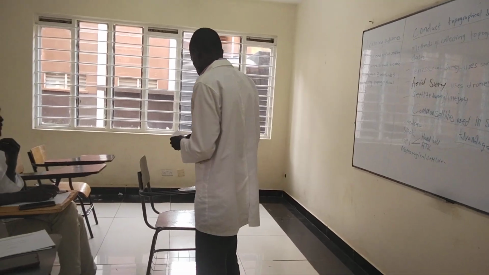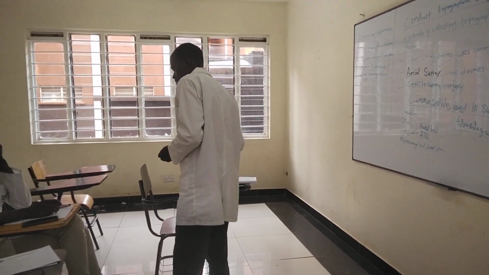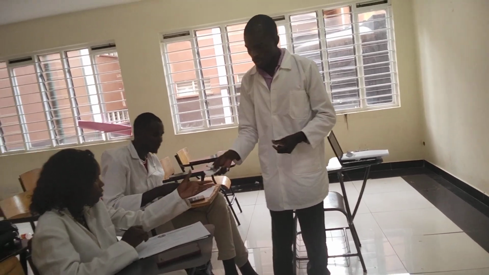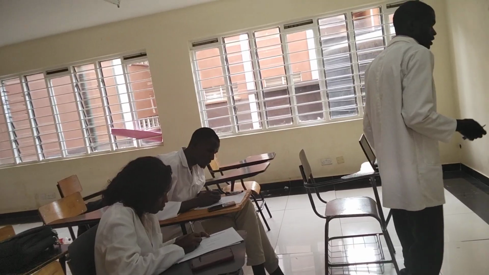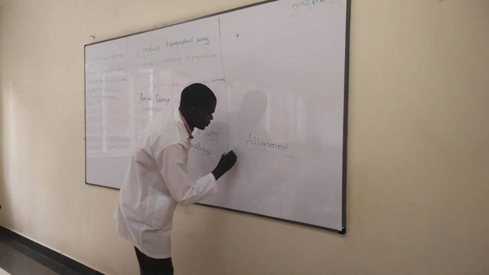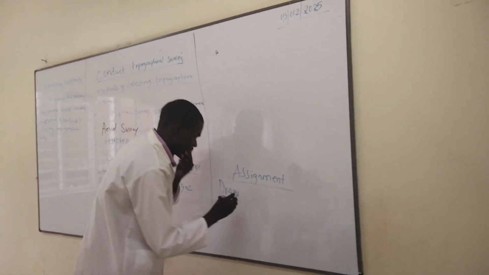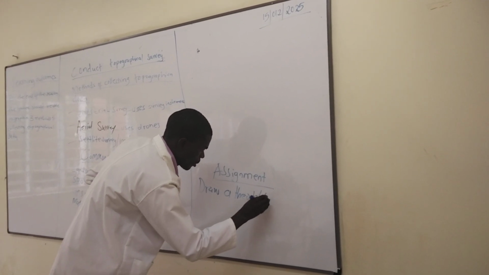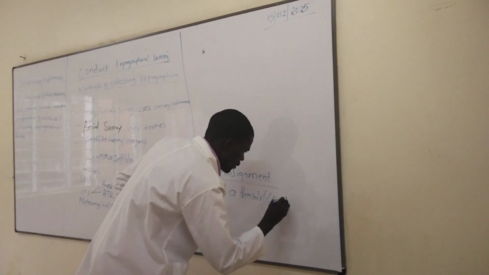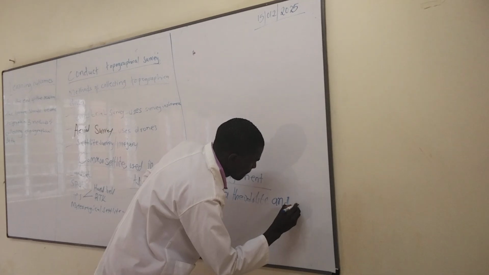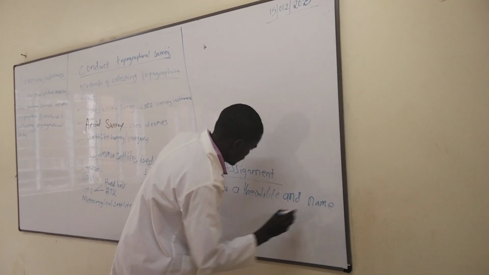So we'll write down what you have learned. But before we go out, let me give an assignment. Draw a theodolite and name its parts.